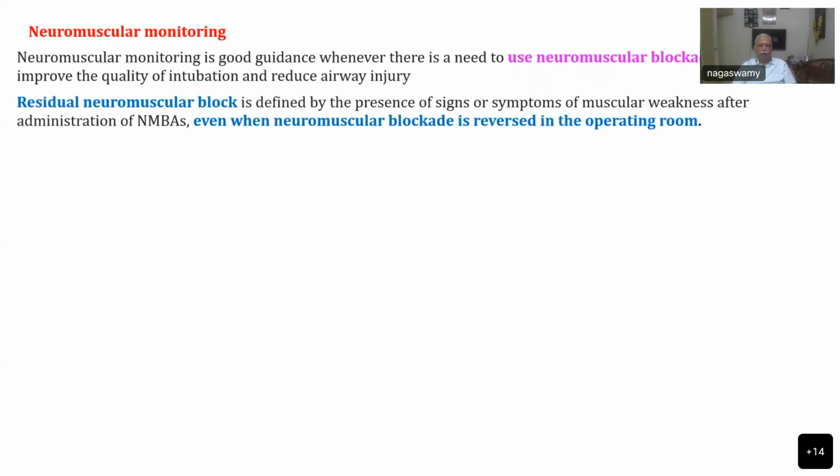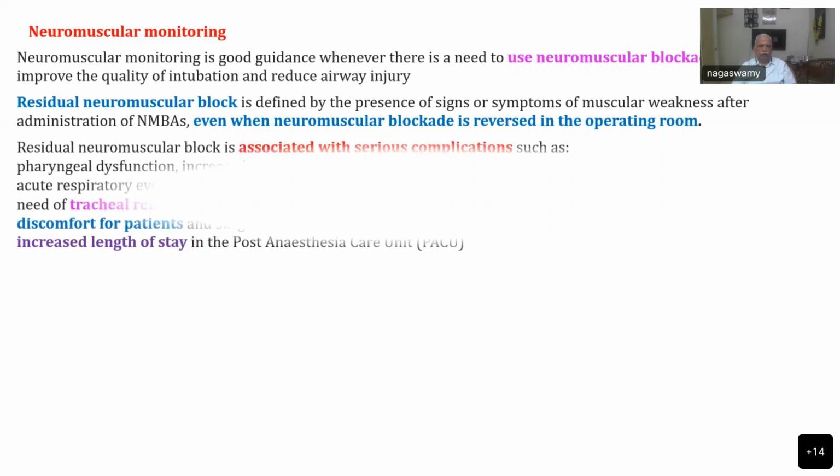At the end of the procedure, you can decide whether there is any residual blockade left, whether it is the correct time to give the reversal, and then find out whether the reversal is complete or if any residual muscle block is still present. So that is the idea of monitoring the neuromuscular function.